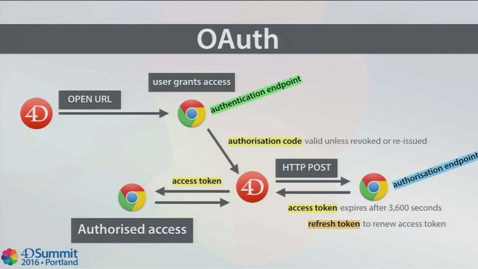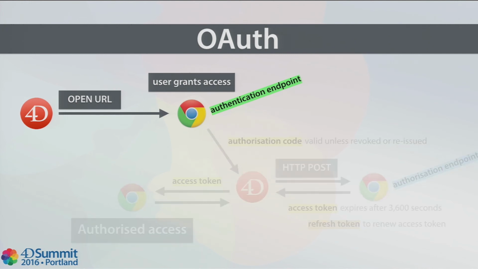So here's how it works. First, your application connects to Google by sending an HTTP request. And then the end user, through a web browser, is given the option whether to grant or revoke access for that application to do something on their behalf.